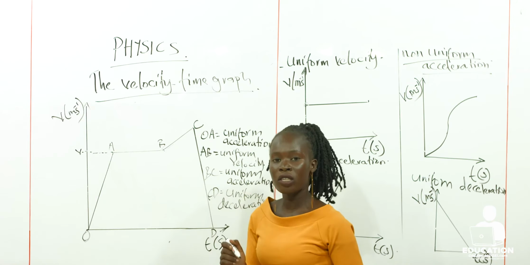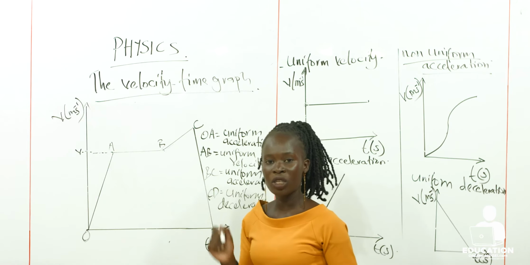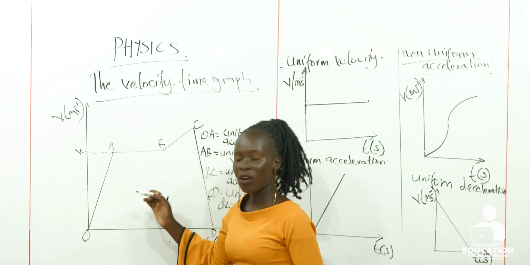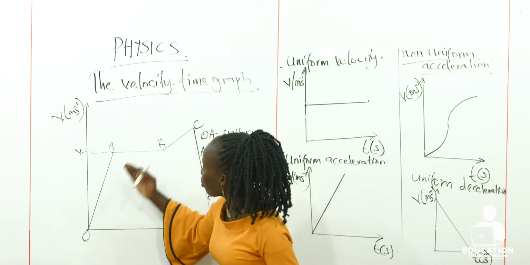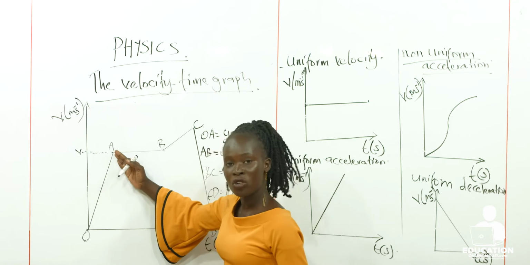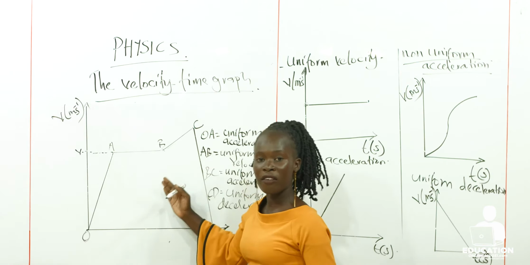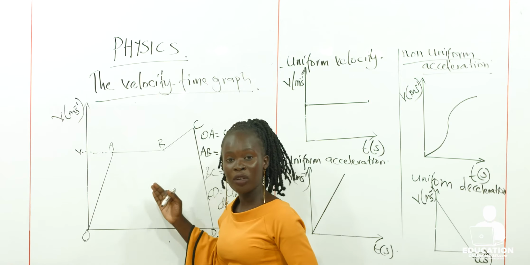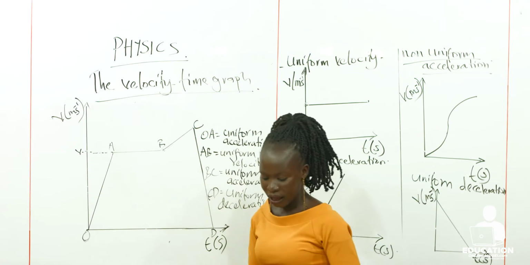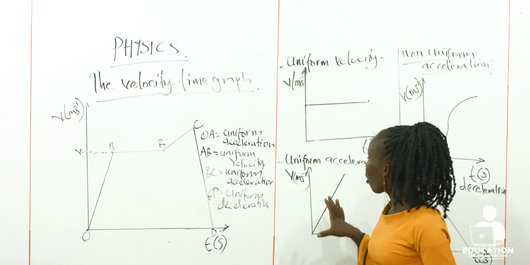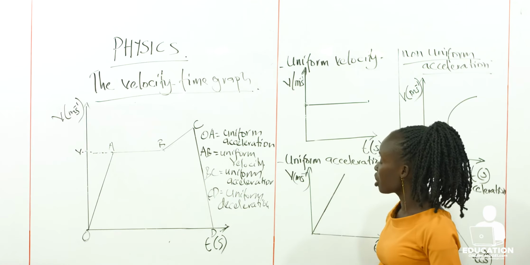The final velocity of one stage becomes the initial velocity of the body in another stage. So this is how we draw our velocity time graph.